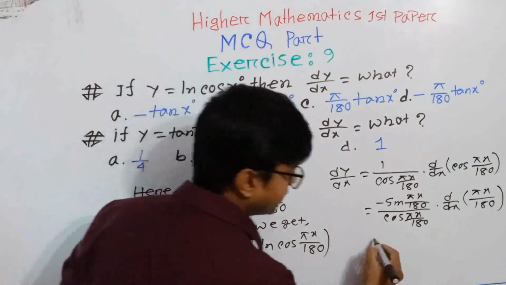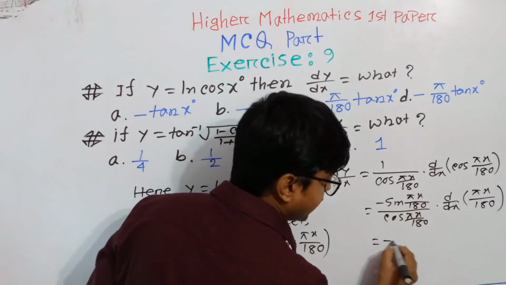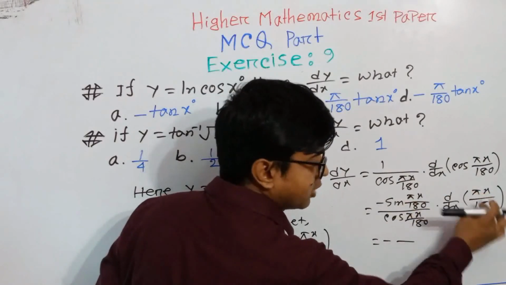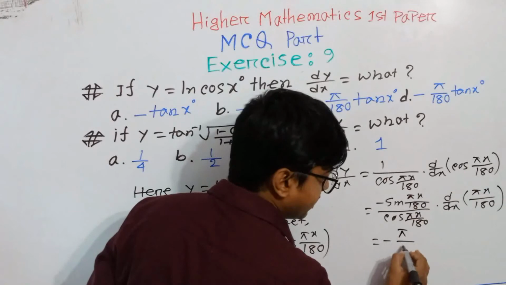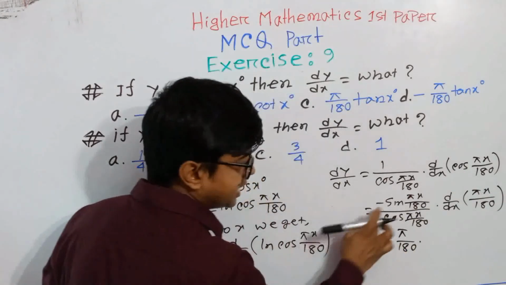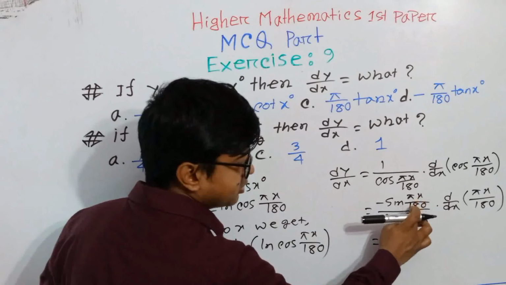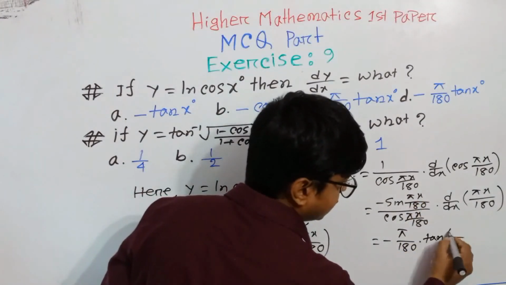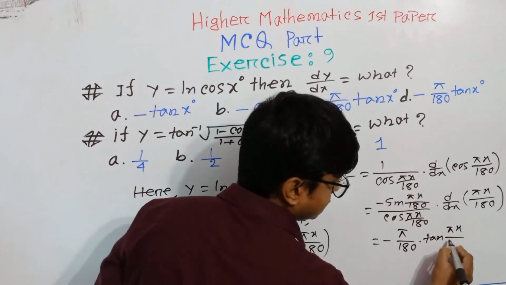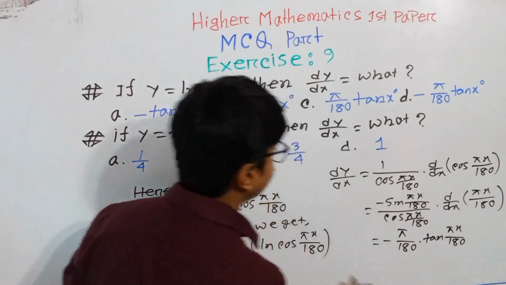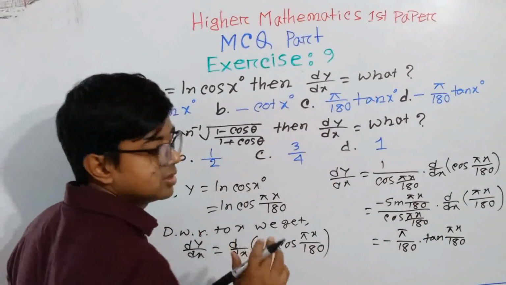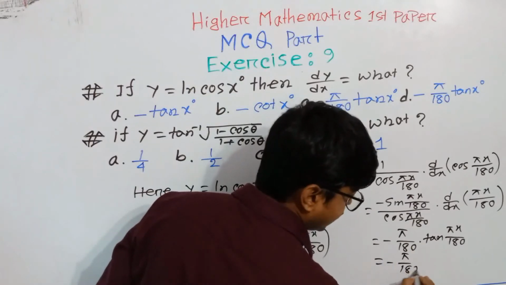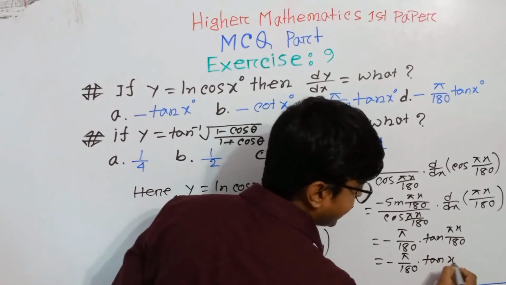So our answer must be here minus d/dx of pi x by 180, it's pi by 180, so we can write pi by 180, and here sin (pi x by 180) by cos (pi x by 180), so it will be tan (pi x by 180), and here but there is no pi x by 180, so it's minus pi by 180 into tan x degree.